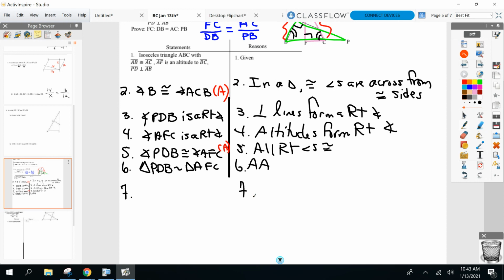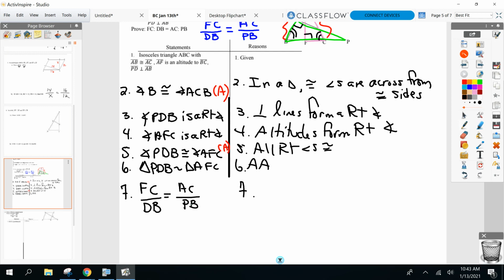All right, here we go with our extra step today. Triangles are similar. That means the corresponding sides are proportional. And you can write it as a fraction or with the colons in between, whatever floats your boat. Now we're putting it officially into a proof. The triangles are similar.